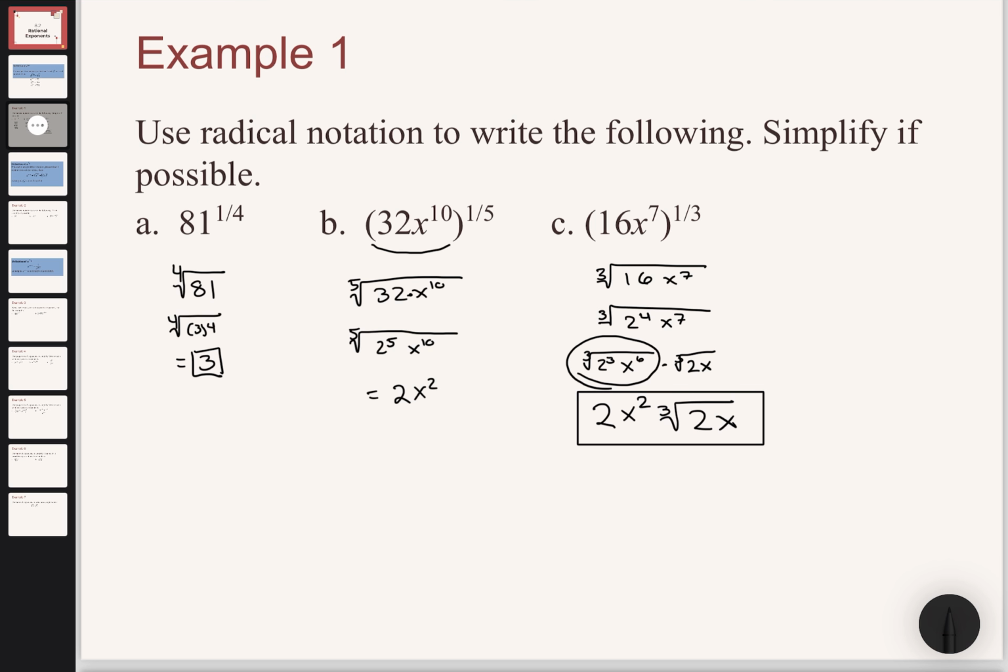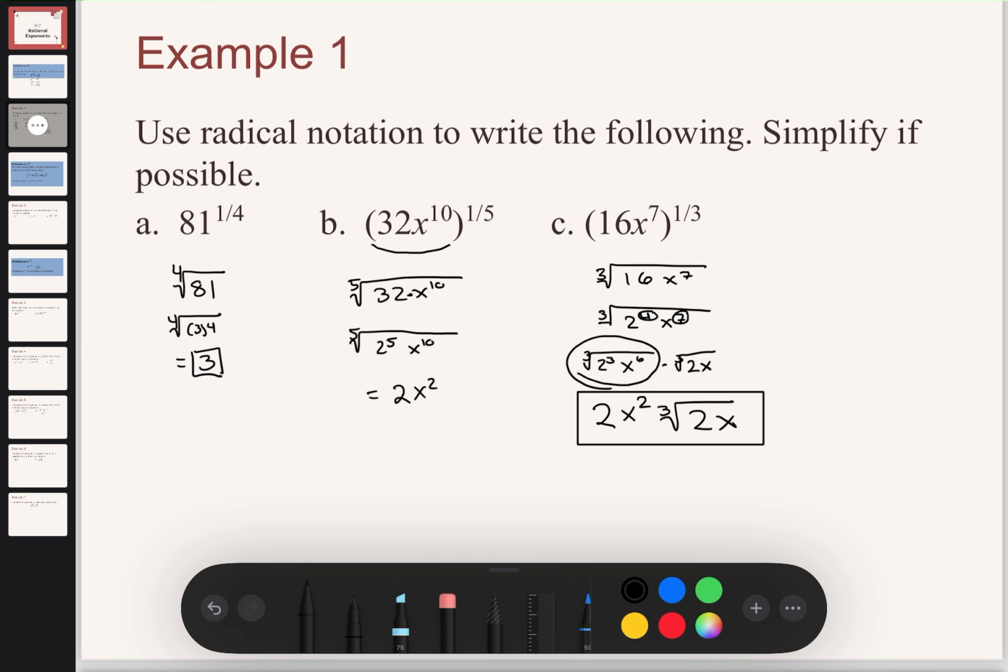So I could simplify and have some numbers be free from that radical sign, some x's be free from that radical sign, but not all of them, because 4 and 7 are not multiples of 3. They're not multiples of that root, okay? Our next rule is going to help us even more. We've been doing this kind of without realizing we've been doing this.